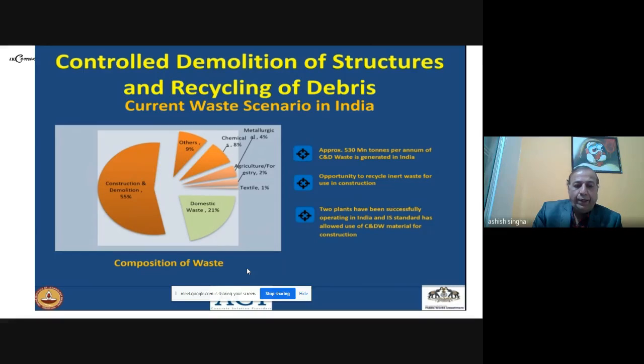Talking about the breakup and composition of waste, we have all kinds of waste generated, out of which 55% is construction and demolition, and almost 45% is domestic, metallurgical, agriculture, textile, etc. So the larger quantum is contributed by construction and demolition waste out of the total waste generated in India.